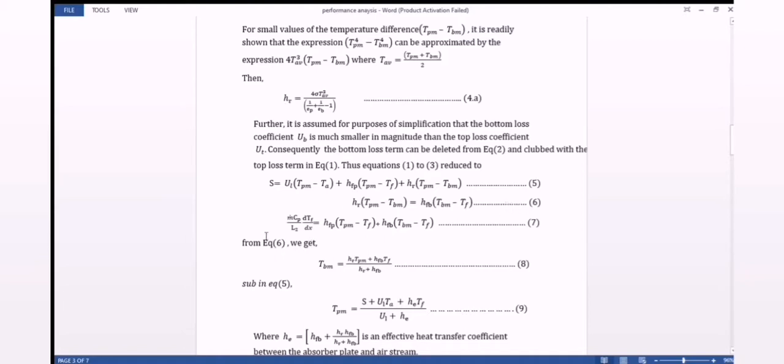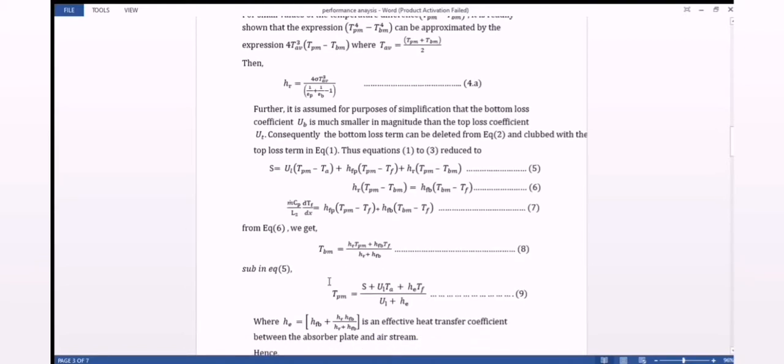Then from equation 6 we get TBM, which is equal to (HR into TPM plus HFB TF) divided by (HR plus HFP). Then it can be substituted in equation 5.